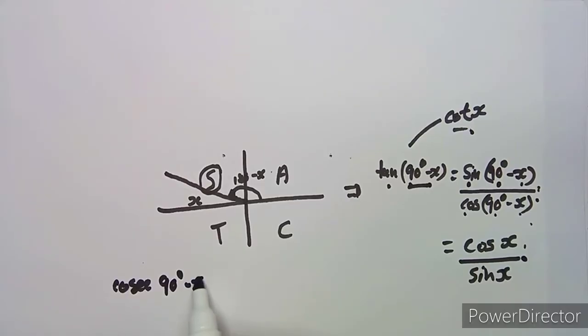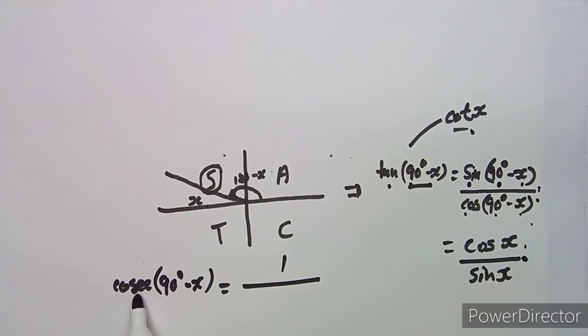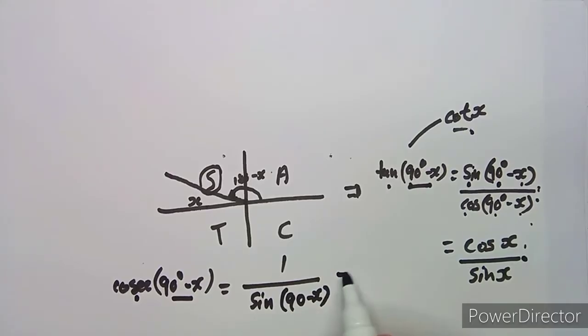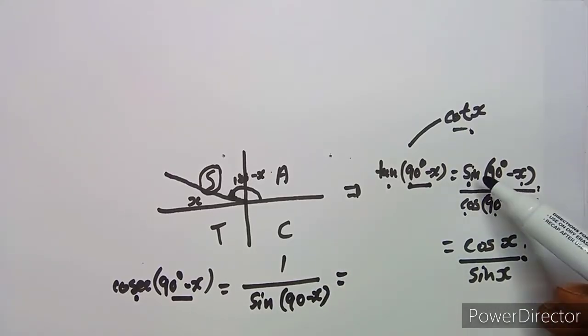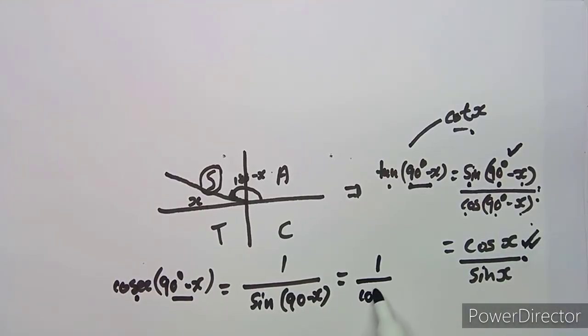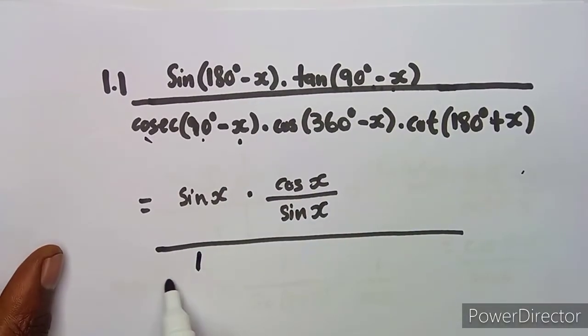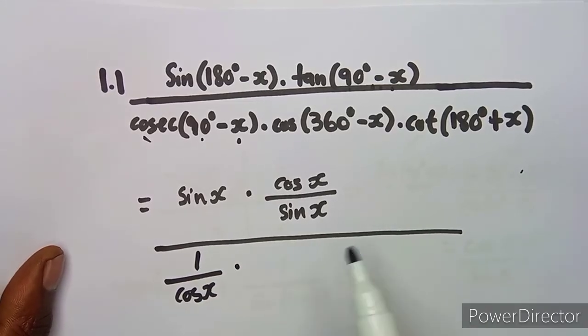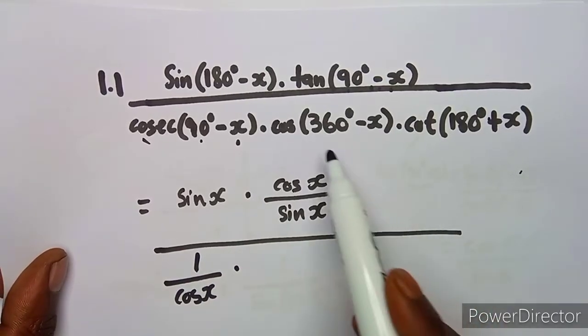Cosec 90 minus x, we know that cosec is 1 over sine, but we have 90 minus x, and previously we said sine 90 minus x is equal to cos x. So this one is going to give us 1 over cos x.